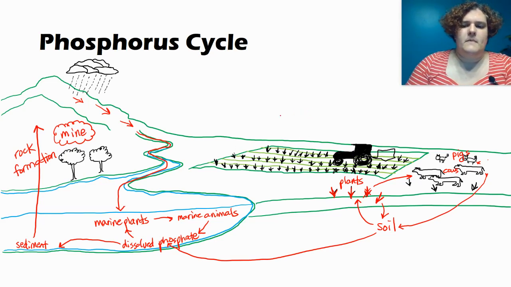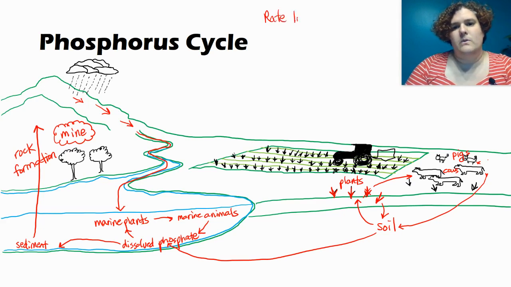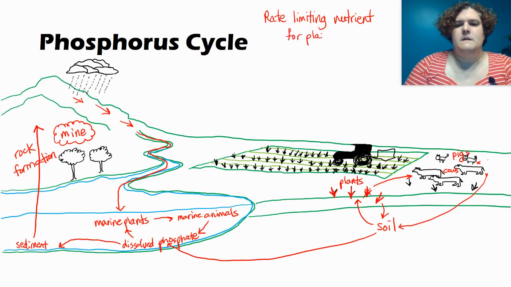Okay, so something that you need to understand about phosphate is that it is the rate limiting nutrient for how fast plants grow. So how fast plants grow depends on how much phosphate they have available to them.